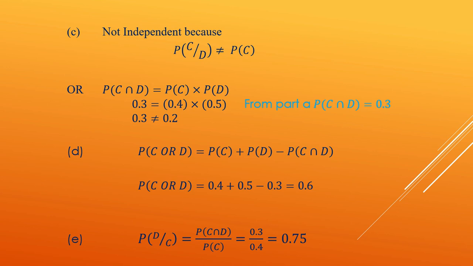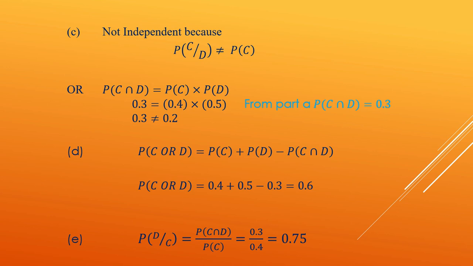The equation should be equal, but you can see the right-hand side and the left-hand side are not equal. Therefore, we can say the events are not independent.